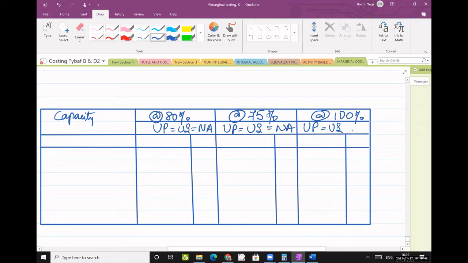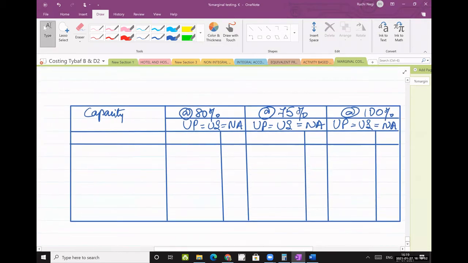This is not given, just write NA. Particulars, amount, CPU. Anyways, the CPU column will go blank because the quantity is not given, so there is nothing you can divide, obviously.